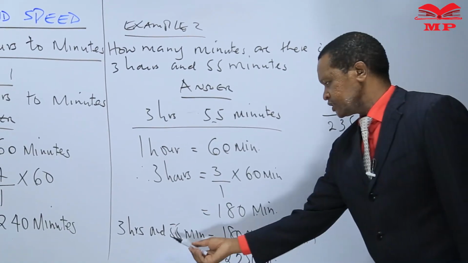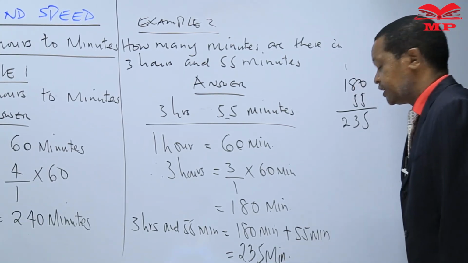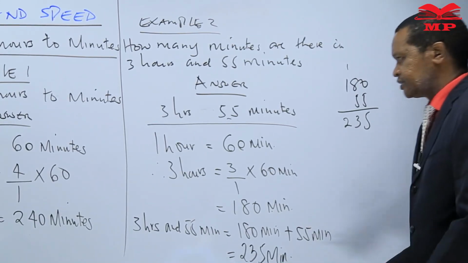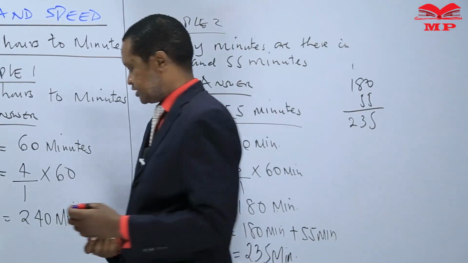So 3 hours and 55 minutes will be equal to 235 minutes.